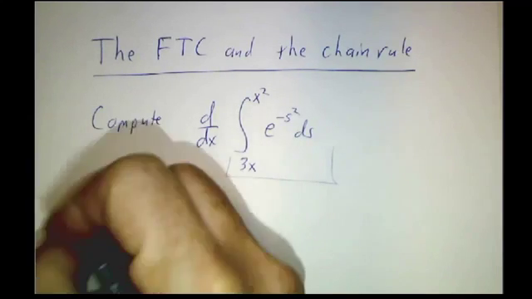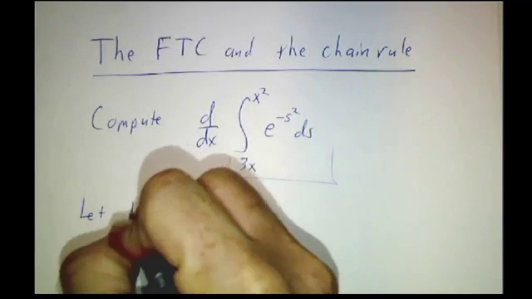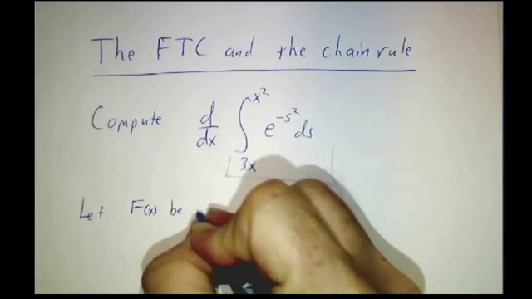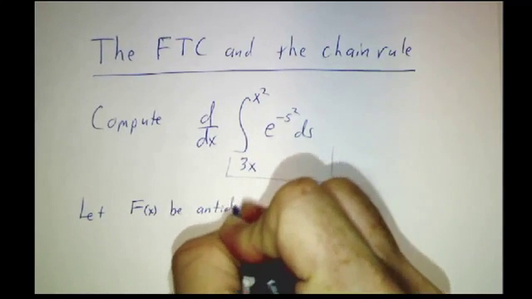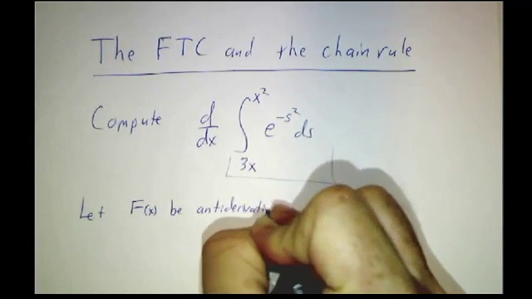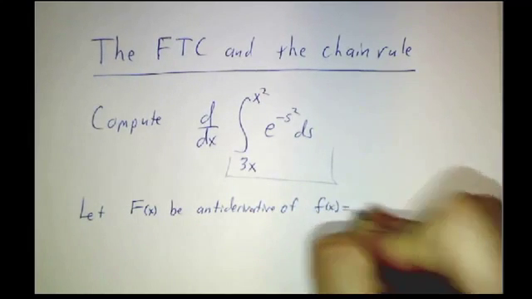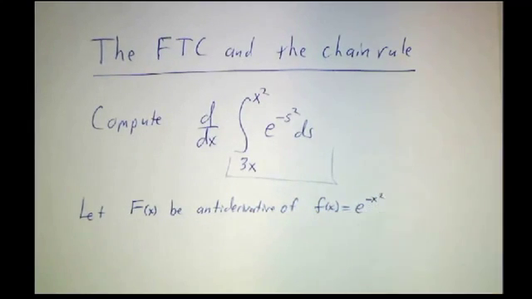So let's let big F of x be the antiderivative of little f of x, which is e to the minus x squared.